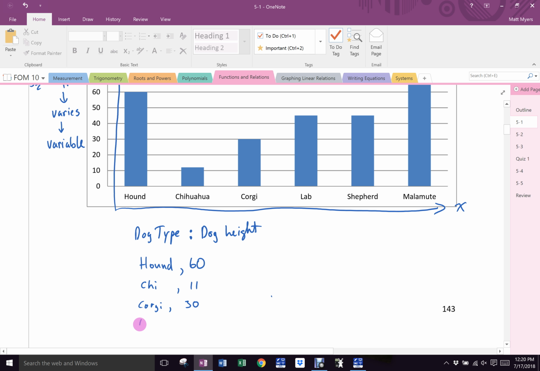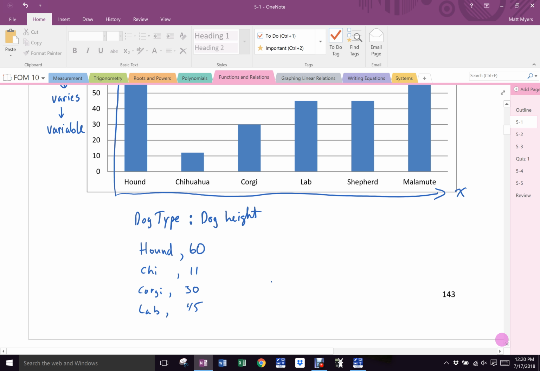Then there is a lab. What would you say is the height on the lab? 45. Then there is a shepherd. What would you say is the height on the shepherd? 45. And then there's a Malamute, which is a giant dog. And what would you say its height is? 80. So, does everybody understand? I have two sets. Set 1, dog types. Set 2, dog heights.